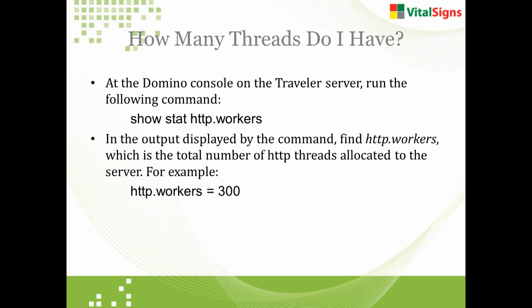Since you would need 270 threads and 300 is greater than that, then this server would be fine. If you find that you're right on the edge, then you might experience intermittent problems. And if you're way over the limit, then the problems tend to be more pronounced and more regular. You end up having unhappy users fairly regularly.